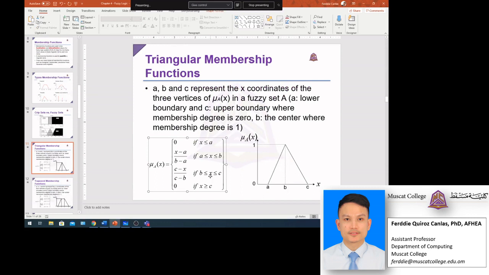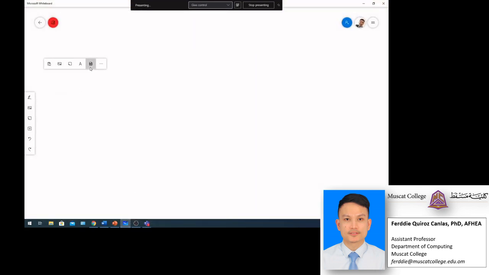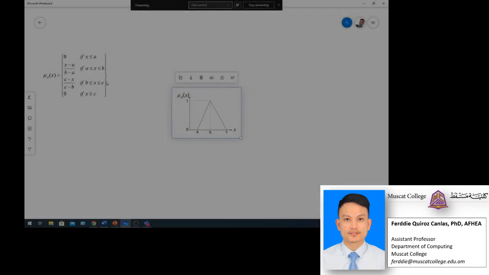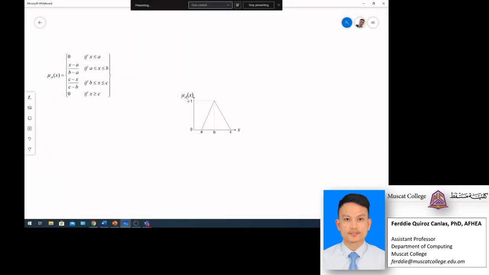Let me just copy this, copy and put it in the whiteboard. Okay, so let me just show to you this triangle here. So we call this triangular.